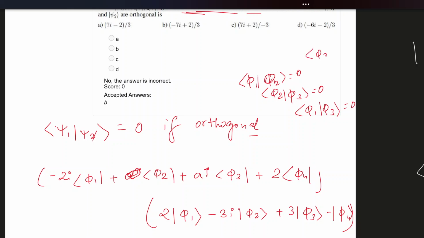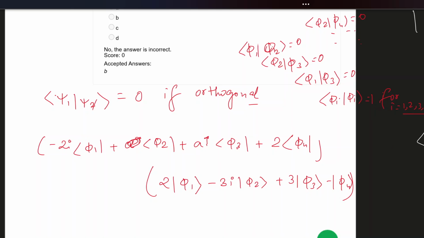Similarly phi 2 phi 4, all combinations are 0 if they are not the same, and if they are the same then phi i phi i equal to 1 for i equal to 1, 2, 3, 4. That means you only have to look for similar terms. So phi 1 ket and phi 1 bra giving you minus 4i, then this and this giving you minus 3i plus 3A star minus 2. This is 3A star minus 2 minus 7i.